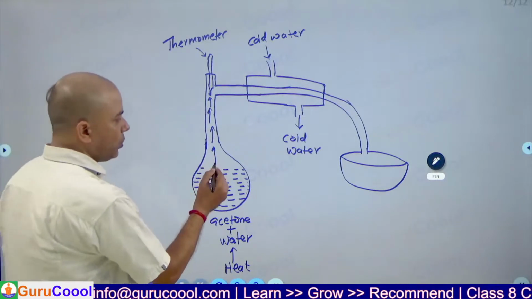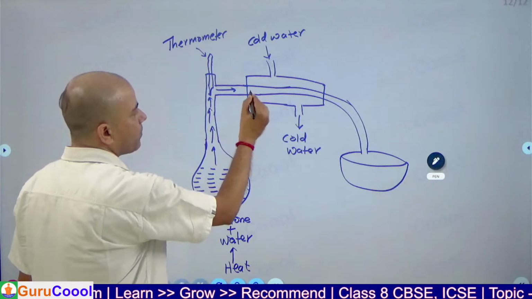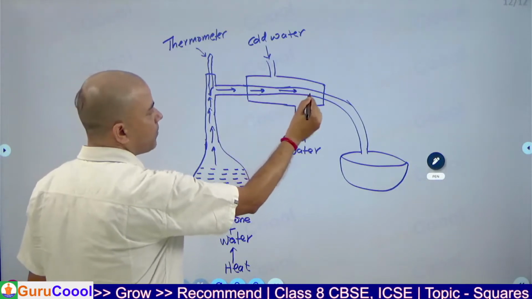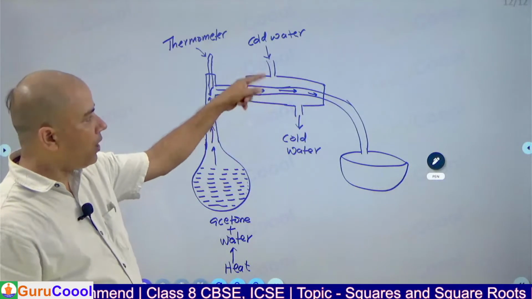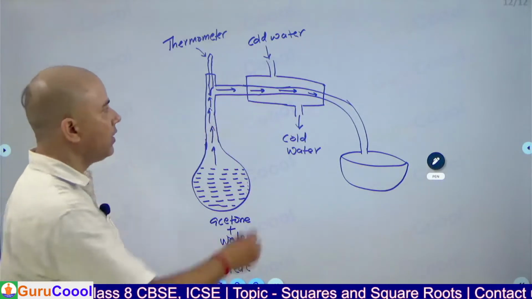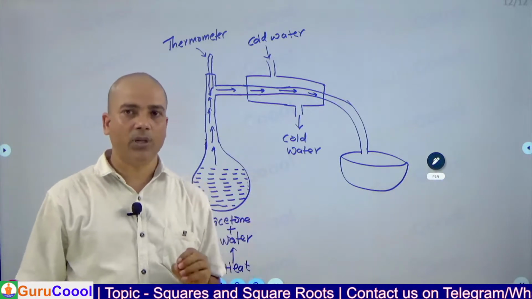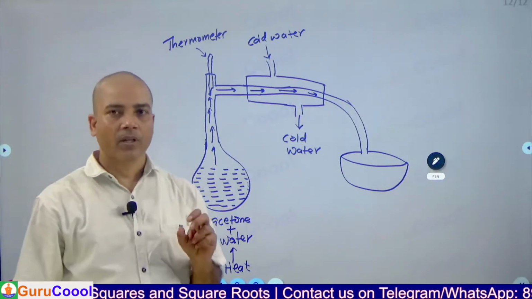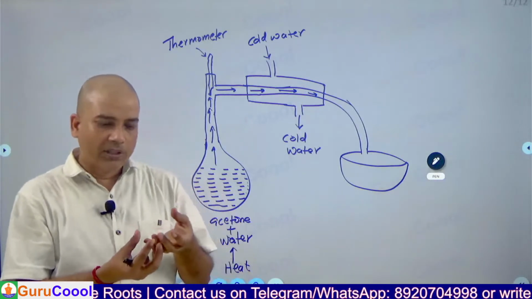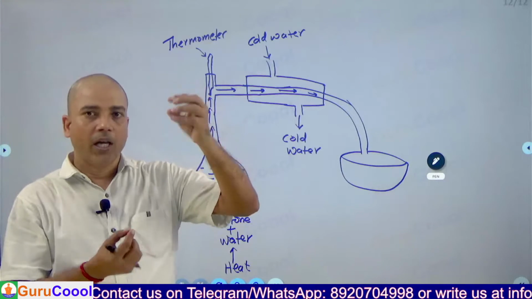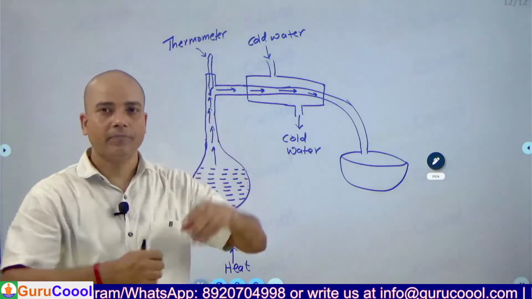Acetone is now evaporating and flowing through this pipe, but due to the cold water all around the pipe, it is becoming condensed. Evaporation, condensation. Have you heard of these two processes? Evaporation means liquid converts into gas, and condensation means gas converts to liquid.